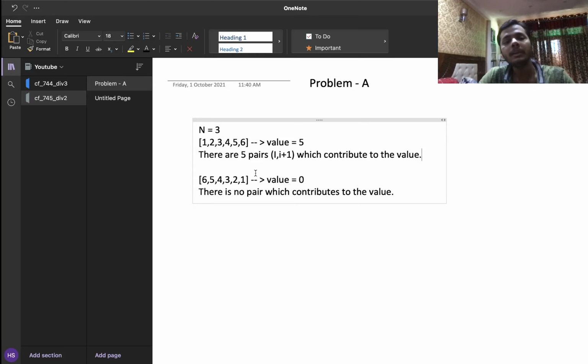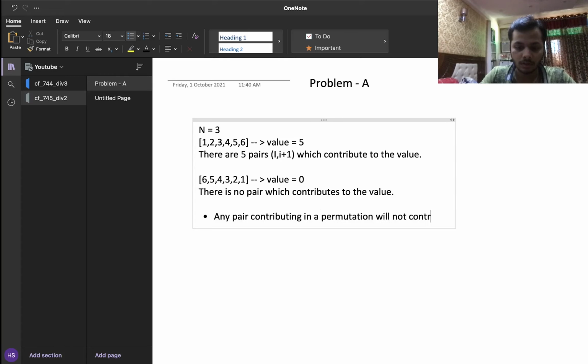So the key is any pair contributing in a permutation will not contribute in the reverse permutation, right?